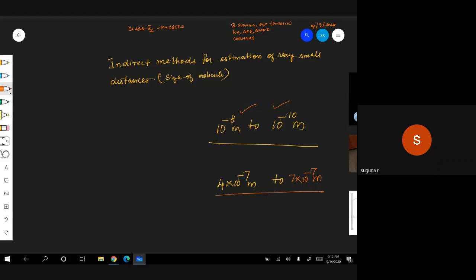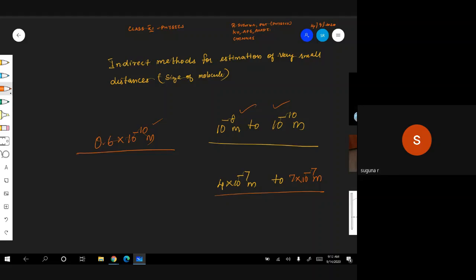Even moving particles act as waves, as given by de Broglie. So a moving electron acts as a wave, and the electron wave has a wavelength of the order of 0.6 into 10 power minus 10 meter.